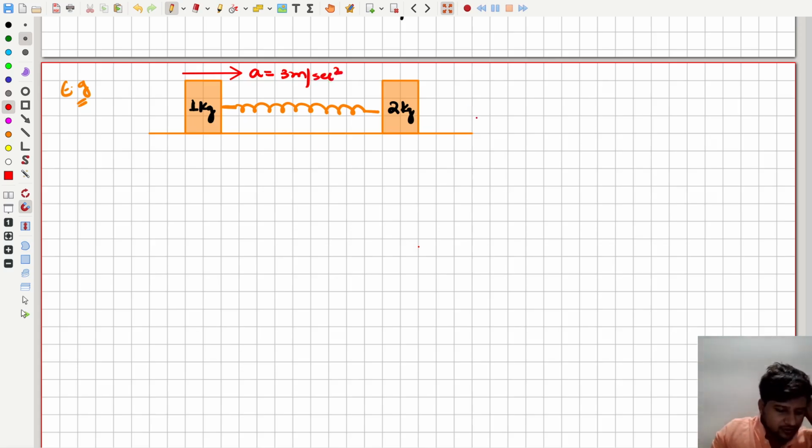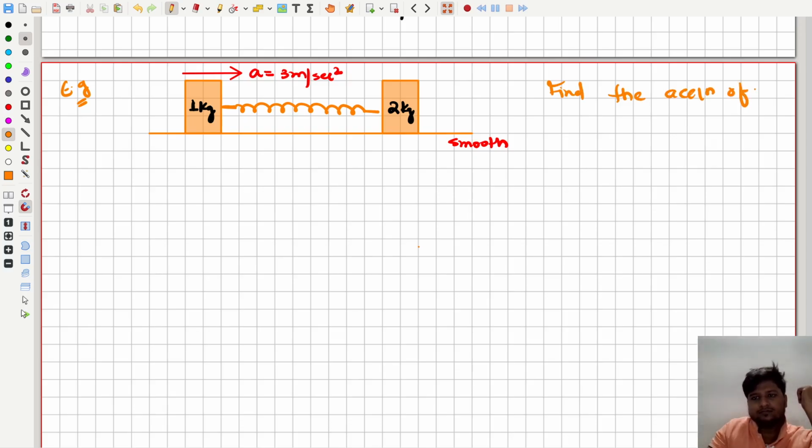There is no other force on the 2 kg. Every surface is smooth. The question is, find the acceleration of mass 2 kg over here. Be fast.